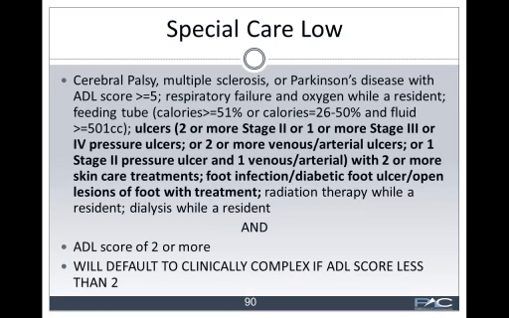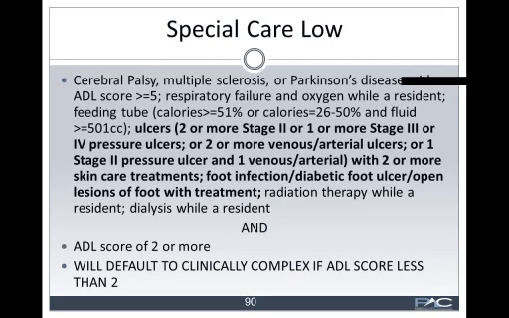And what we're looking at here really is the fact that I bolded what's going to really affect your quality, your RUG reimbursement. And looking specifically at ulcers, it's 2 or more of any stage 2 ulcer, or 1 or more stage 3 or stage 4. 2 or more venous and arterial ulcers, also very important.